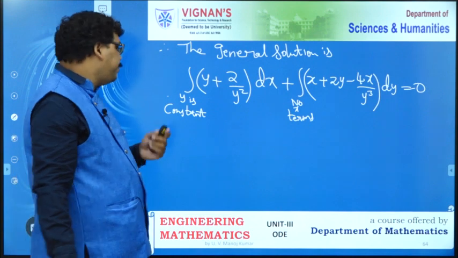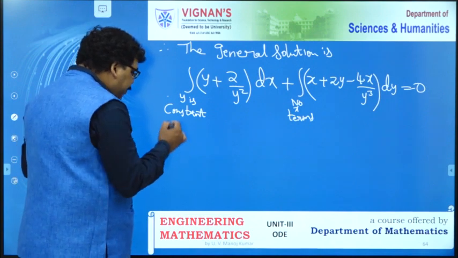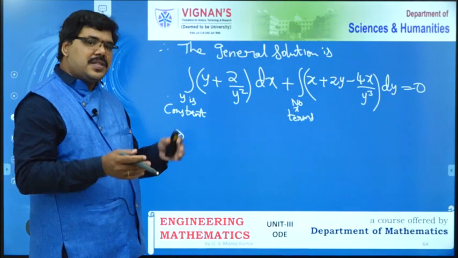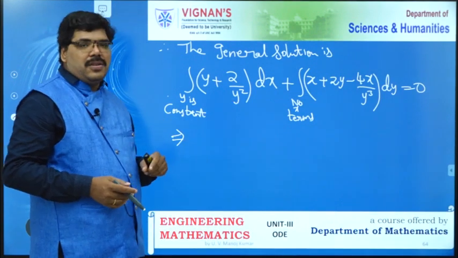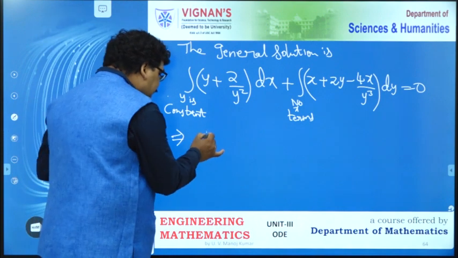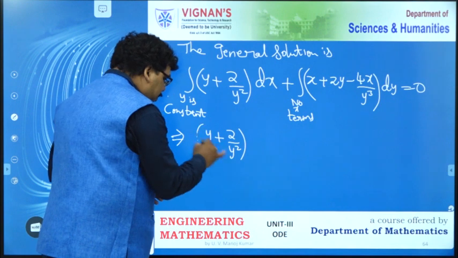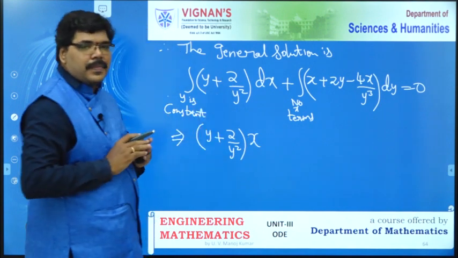So let us integrate. y constant means y square is also constant. This entire term is constant. Constant is written as it is. So what is the integral of 1? x.